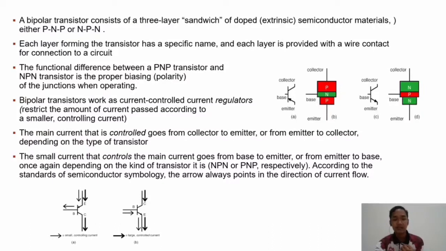According to the standard semiconductor symbology, the arrow is always pointing in the direction of current flow, as you can see in the diagram.